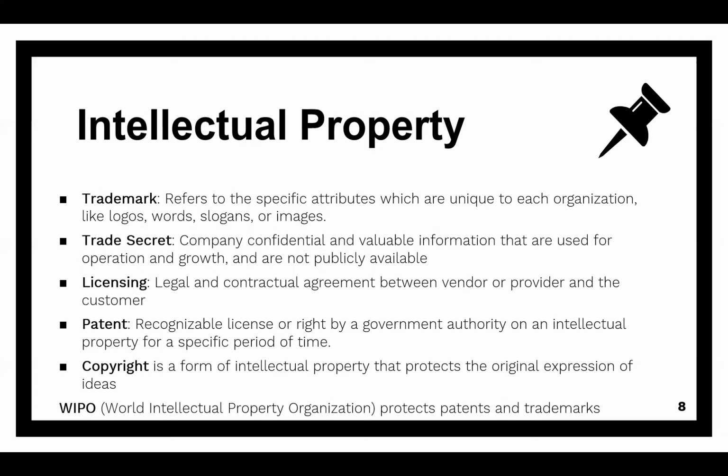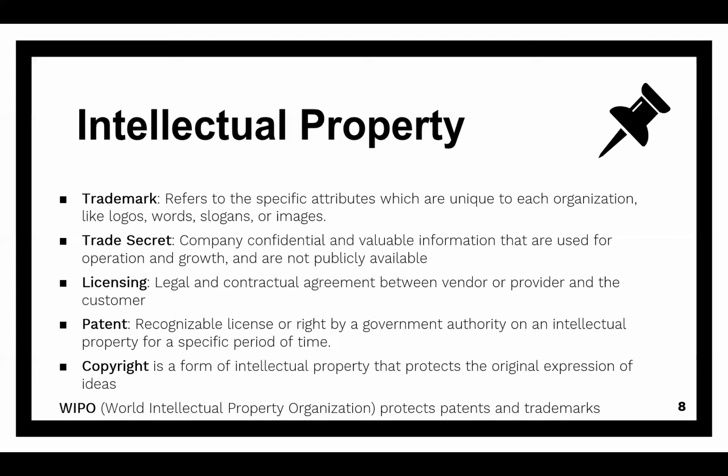A lot of you might be familiar with the Coca-Cola logo, for example, and that is really Coca-Cola's trademark. A trade secret, on the other hand, is basically the type of confidential data that is only available to the company themselves and no one else. It's not publicly available. An example of that is the secret formula that one company might have to produce their product, right?